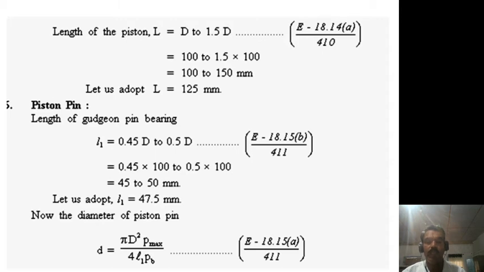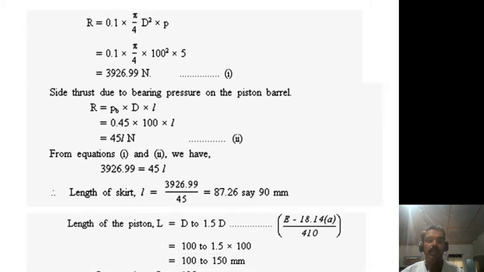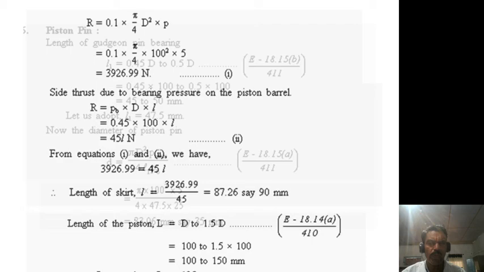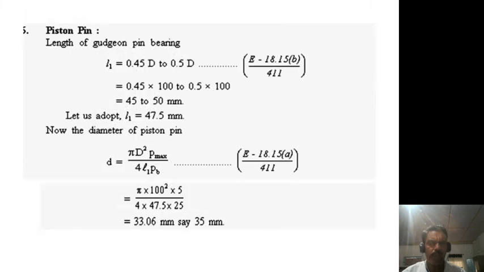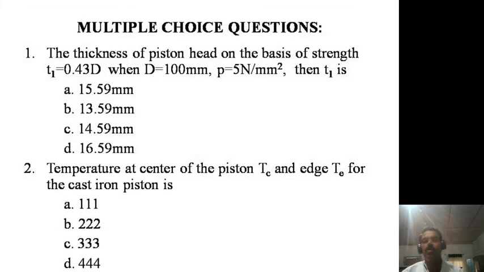So by substituting all the values in this equation, you will get the d value. Okay. So this is the actual procedure of the piston design. These are all the steps, and they are very important to make a design of the piston.